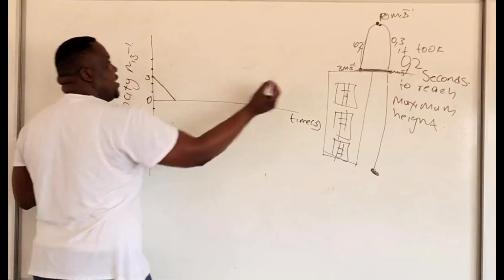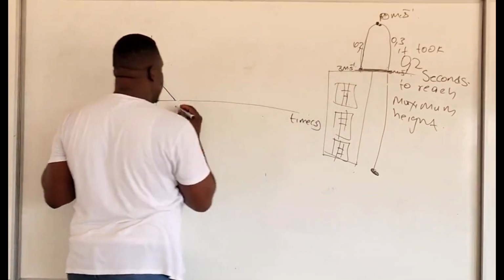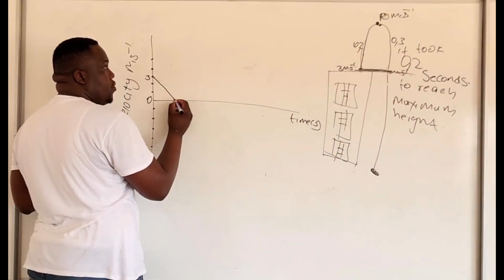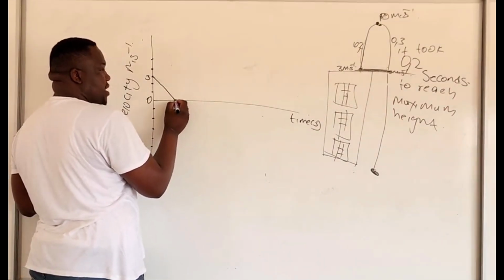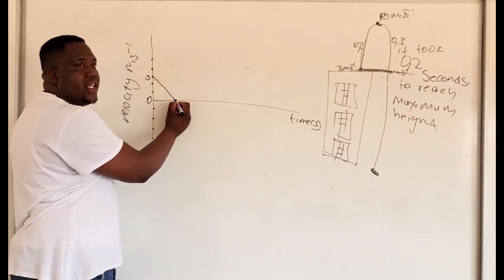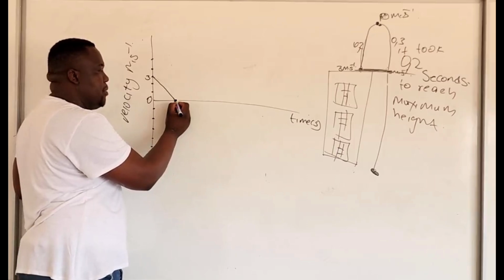It started at 3 meters per second. As it moves up, the velocity is doing what? It is decreasing. So here we are going to have 0 meters per second at maximum height. And how many seconds did it take for this object to reach its maximum height?